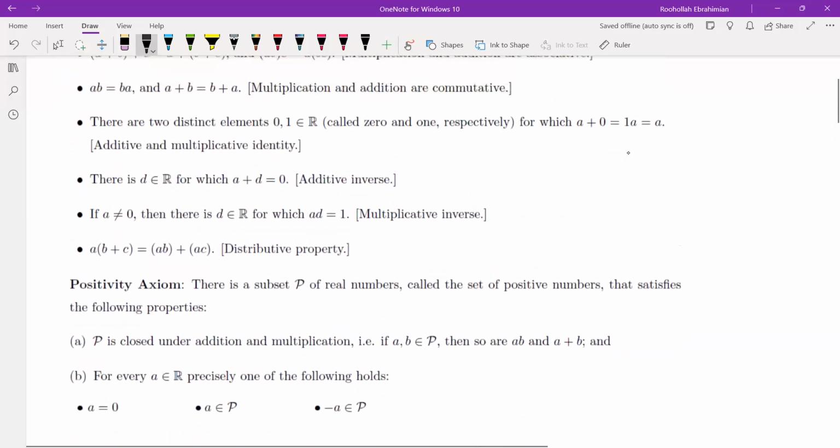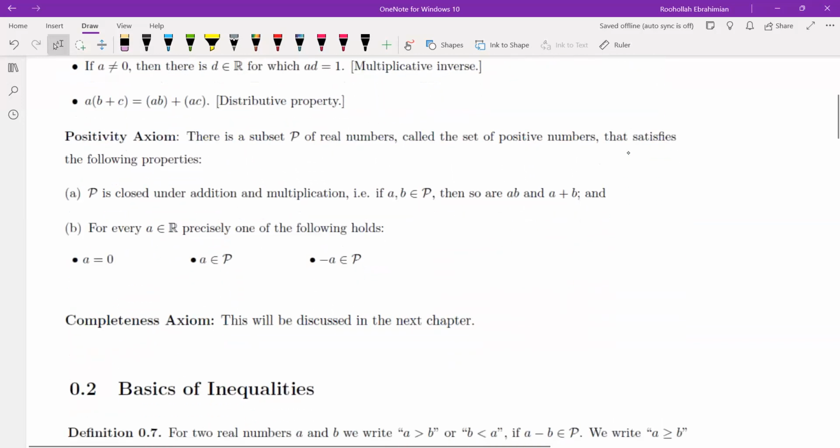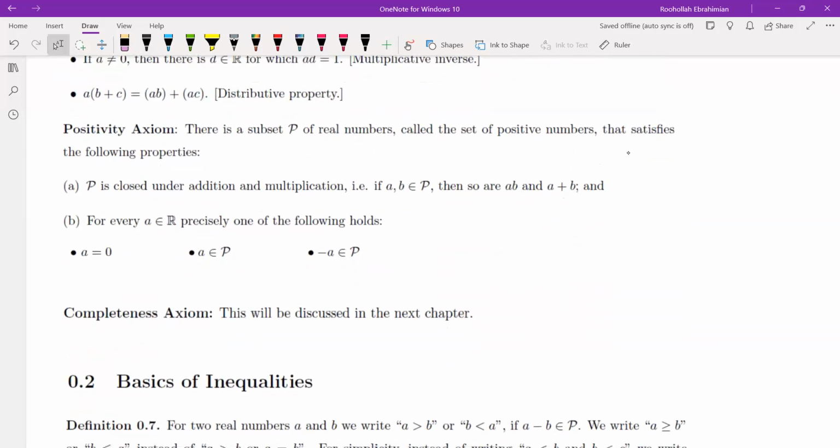Now, what distinguishes real numbers from other fields are the following axioms. The next axiom is what we call the positivity axiom, which means the set of positive numbers makes sense. What is the set of positive numbers? To put that more rigorously, the set of positive numbers is a set P that is closed under addition and multiplication.